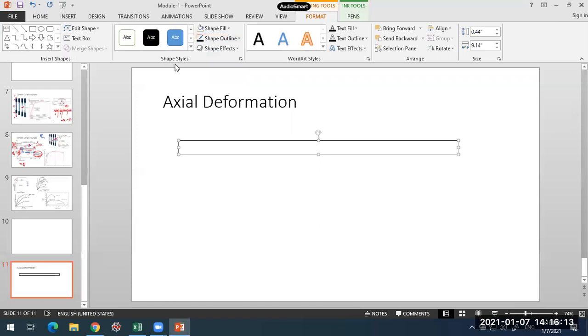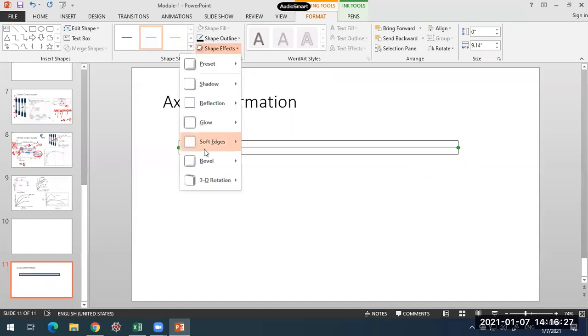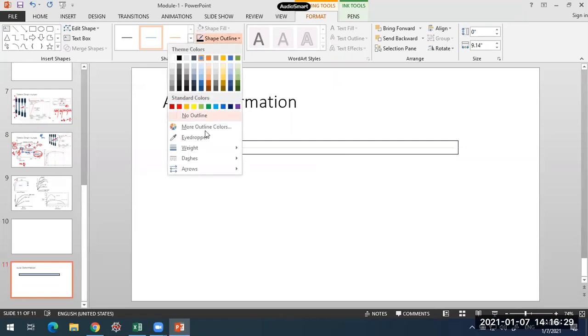In this, I'll be applying a force on the two ends of the member, and it will be an axial force. So this is the longitudinal axis of this member. We'll apply a force such that it is coinciding with this longitudinal axis of the member.